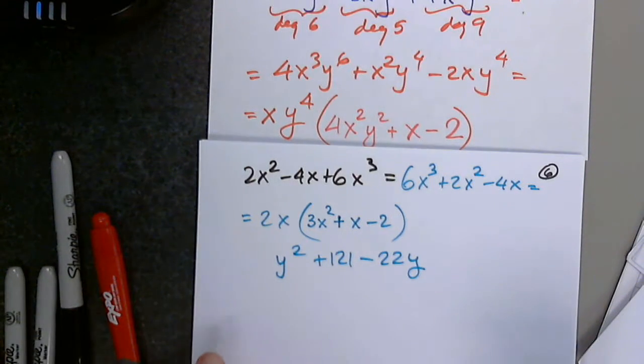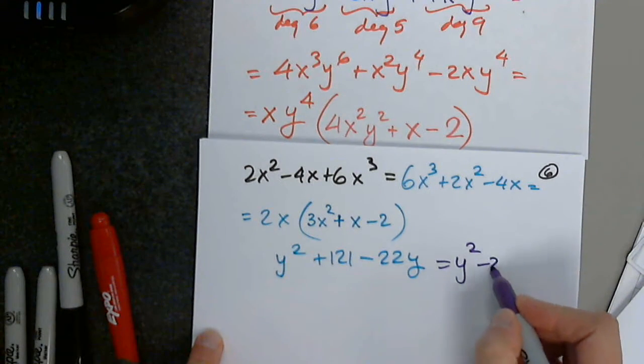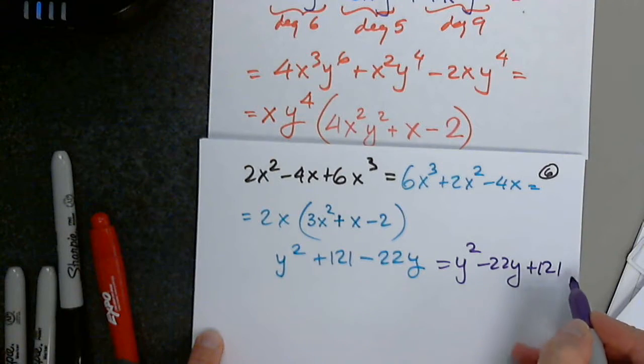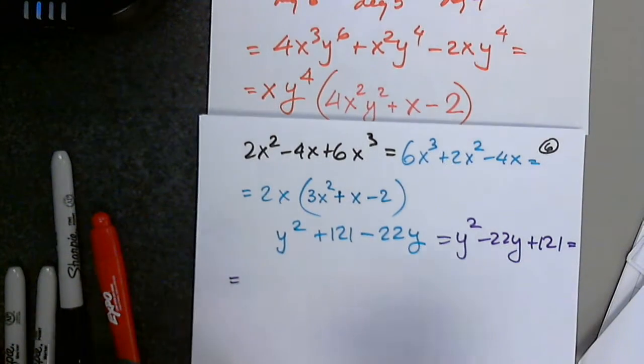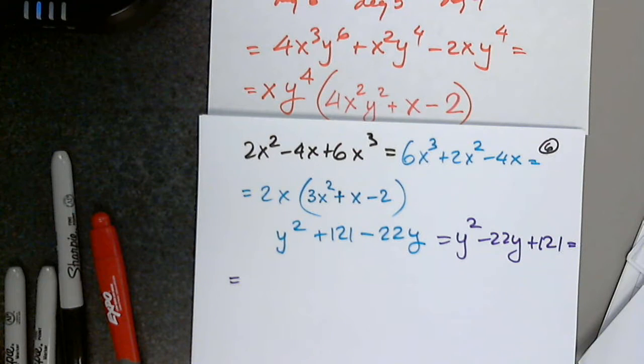No. Okay, so then I have y squared minus 22y plus 121. Greatest common factor that I can pull out from all 3? No. Negative leading coefficient? No. Now I finally got to the question of special product.